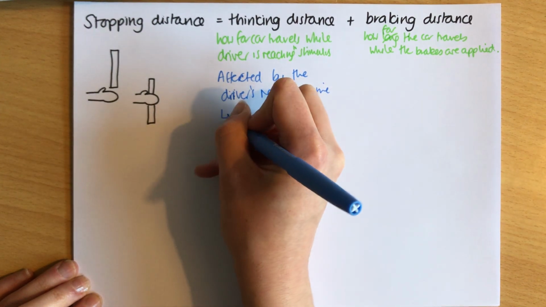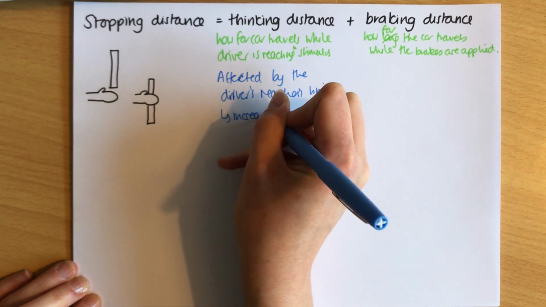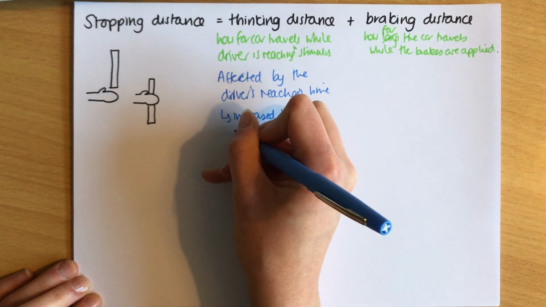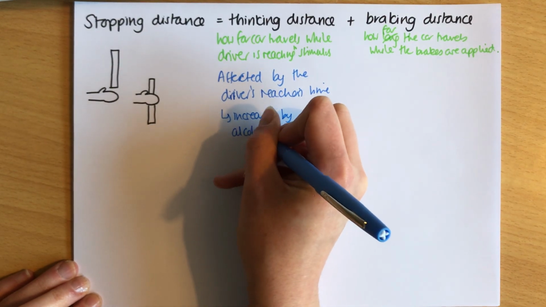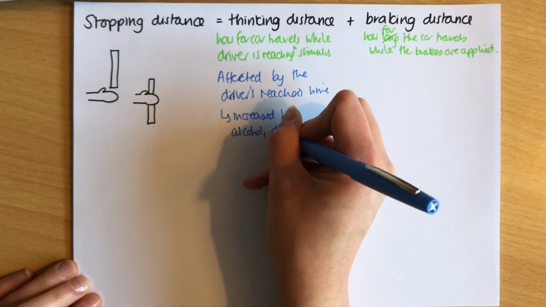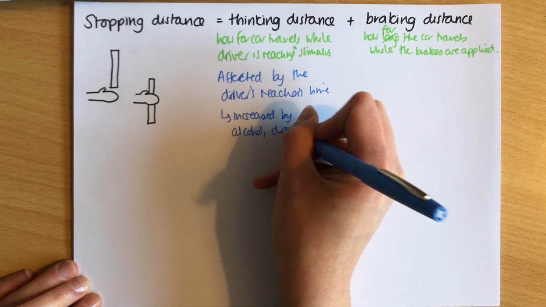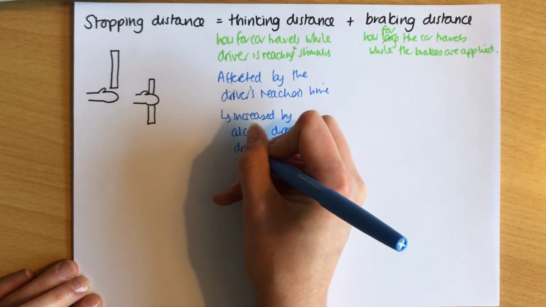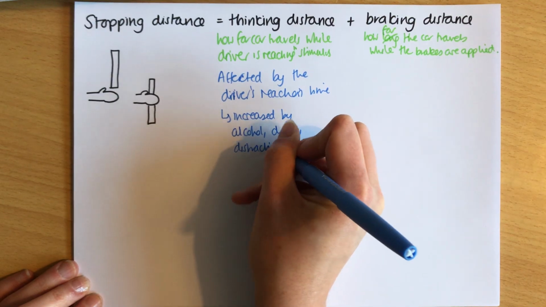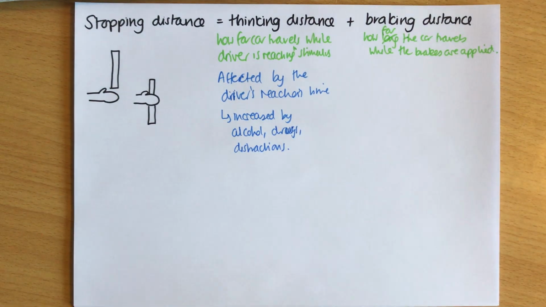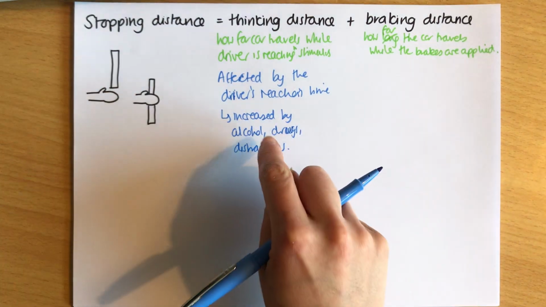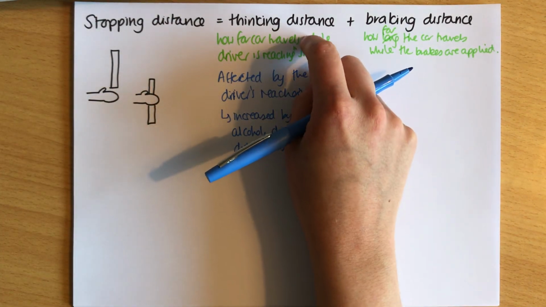Now, this can be increased, the reaction time, by being drunk, so by alcohol. That's why you can't drink and drive, by some drugs, and by distractions, such as using your mobile phone, or if you've got kids in the back arguing, that might stop you reacting as quickly.